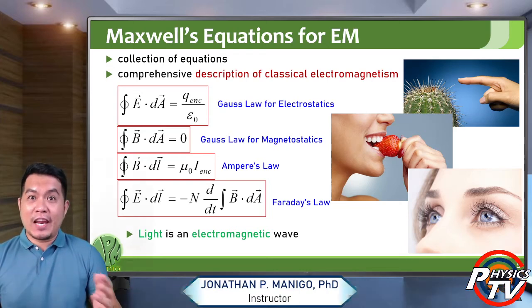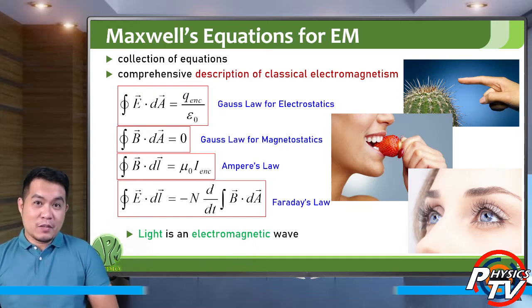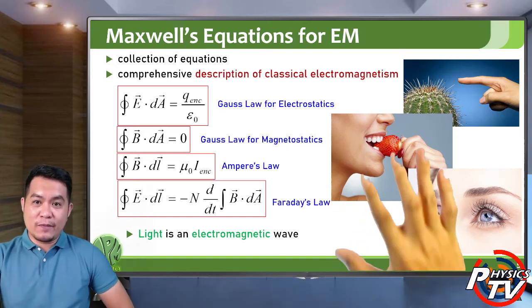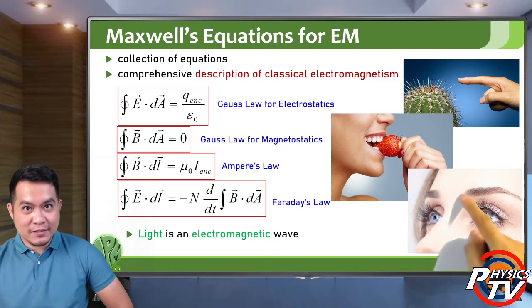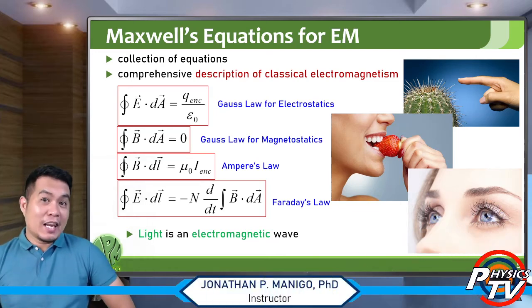Optics is the study of light, and light is an electromagnetic wave. If you have an electromagnetic field and that field is changing, that field is waving, you will actually see light.